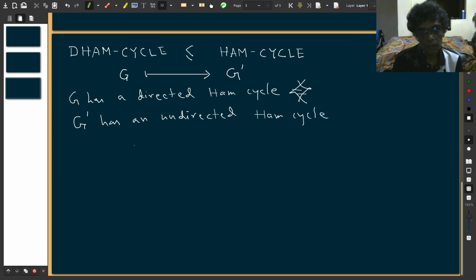So, how to proceed? Okay. Somehow, the sense of direction in G has to be transported to G prime. So, now take any vertex u in the vertex set of G. Split it into three vertices, u in, u, u out.